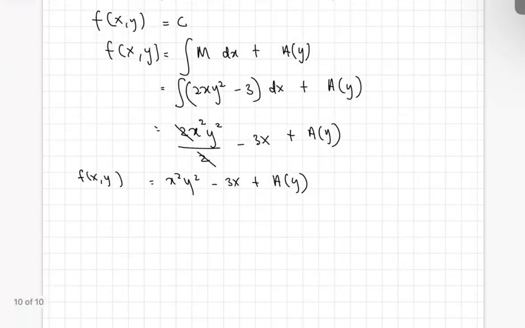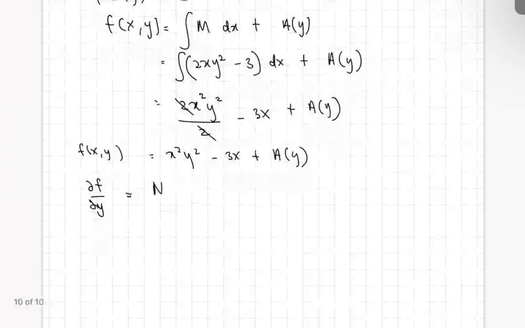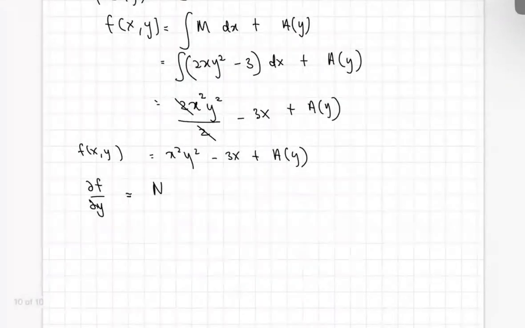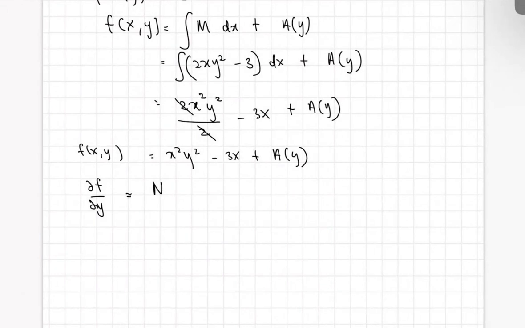To find a(y), you need to differentiate f with respect to y, and this one must equal to function N. So find del f over del y. Differentiate with respect to y. So we have x squared, y has the power 1, so 2 is in front. 3x is constant.